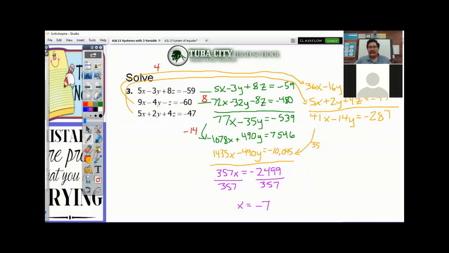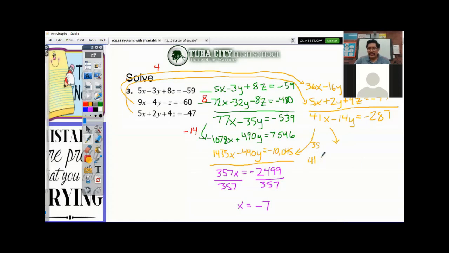Now we have our first one. Now let's go ahead and take that and plug it into one of the other ones. Let's see, which one of these would be a better one to go with? I'm going to just go with this one here because it's there anyway.